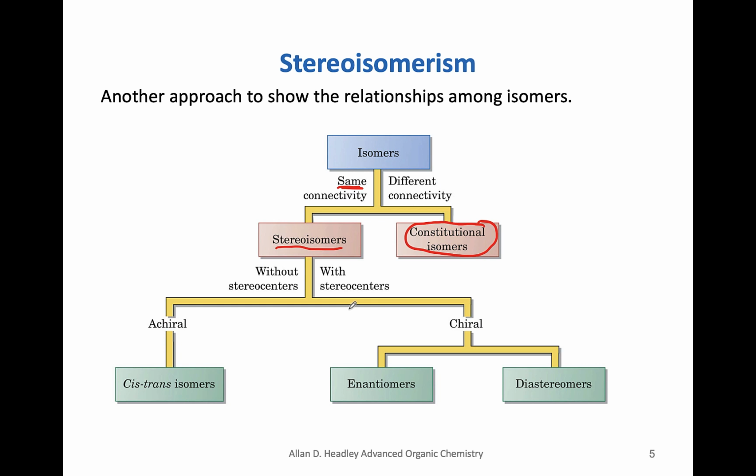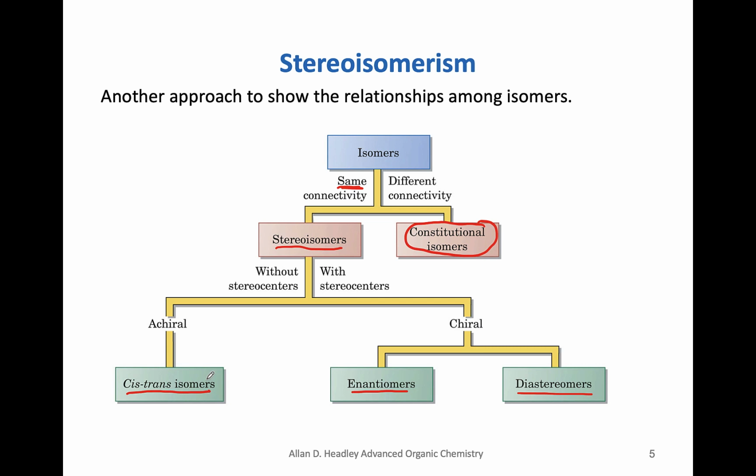So here we have the possibility of enantiomers or diastereomers. We have another type of isomer here that's described as cis and trans. As you may recall, this has to do with a rigid framework where there's no rotation.